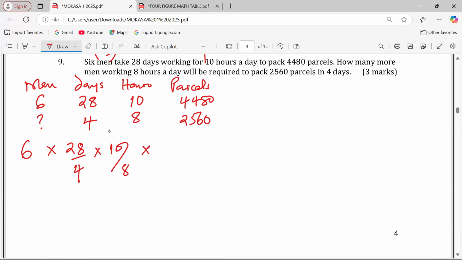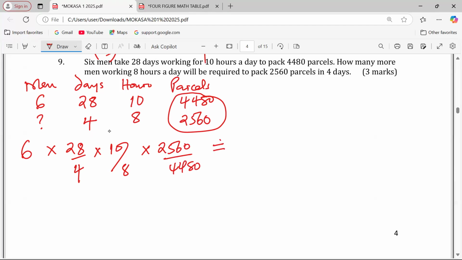Then finally, we are talking of 4480 parcels to be packed by 6 men. 2560 will be packed by fewer men. So the number of parcels now is supposed to decrease. To have a decreasing ratio, we need 2560 out of 4480.